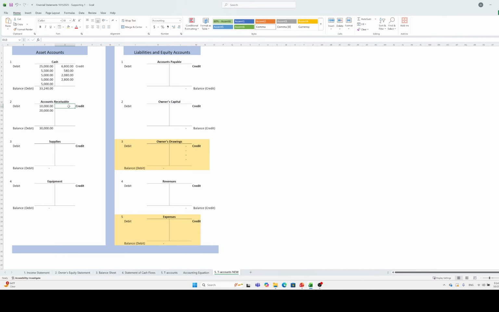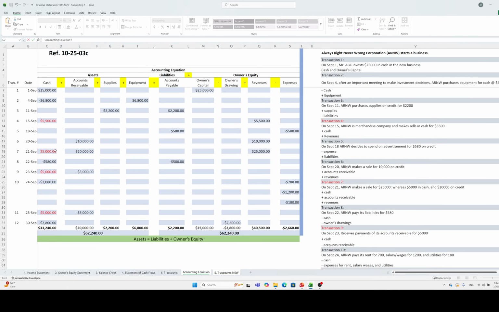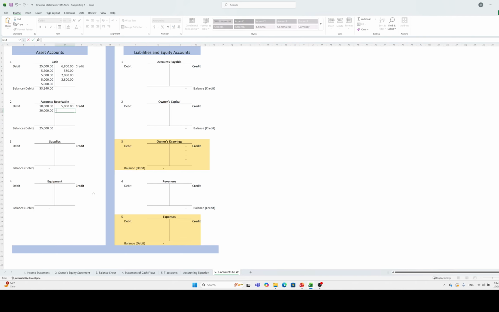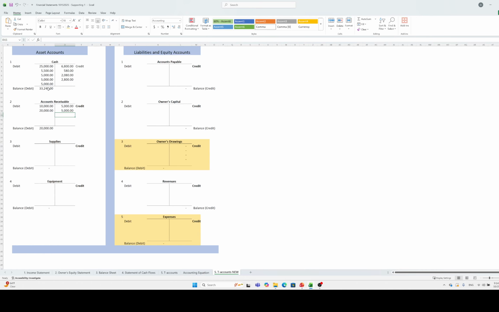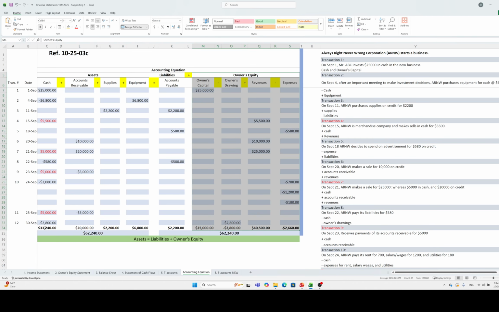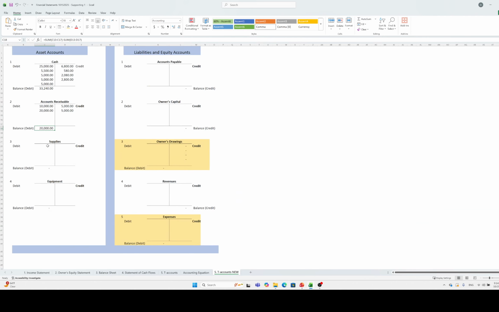Then on the credit side, we've got 5,000, then another $5,000. If you have paid attention, this balance and this balance are identical. They are the same balance. It must be the same.